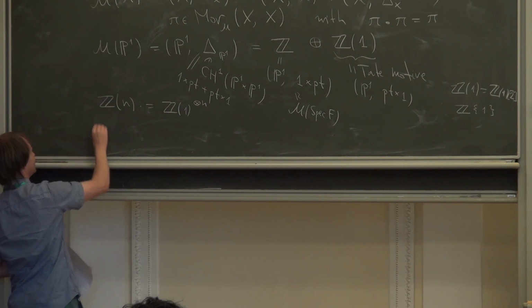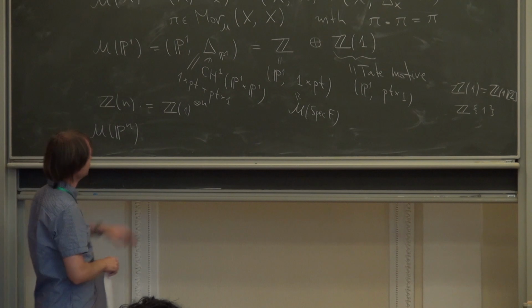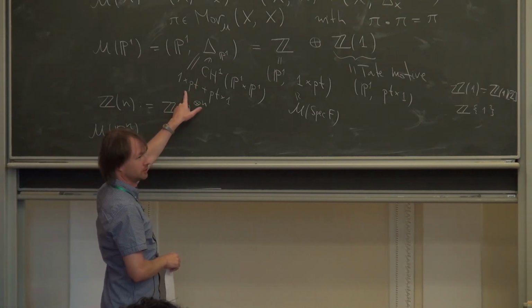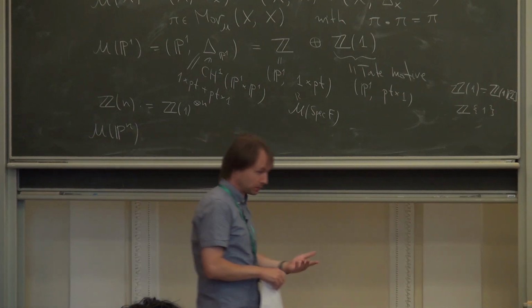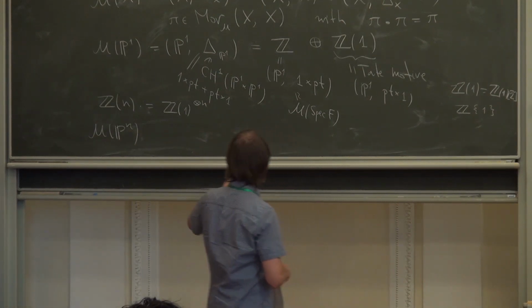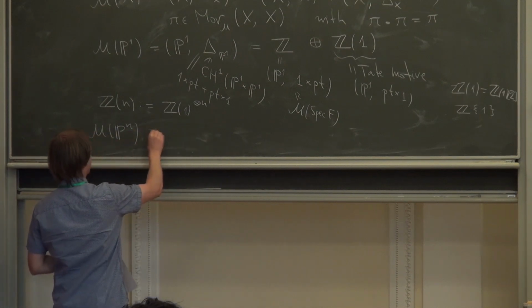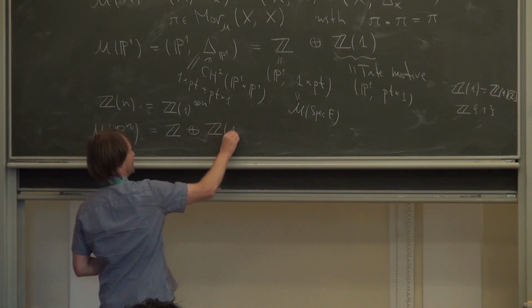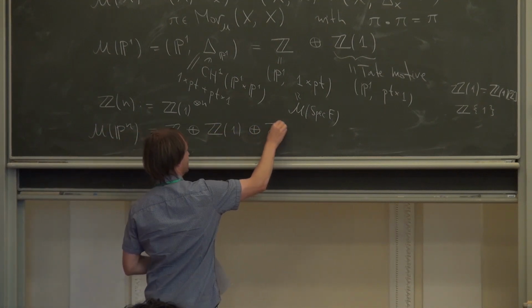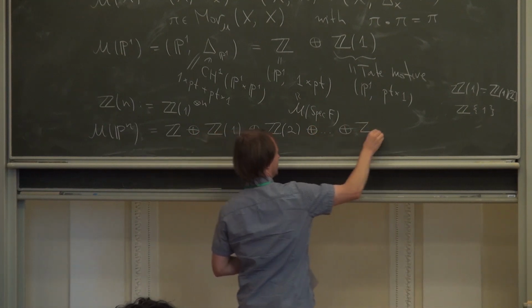Another way to define the Tate shifts is as follows. Instead of P1, we can take Pn, and then do the same. We take the diagonal, which looks a little bit longer, but it can be explicitly written down. It turns out that this is Z plus Z1 plus Z2, and so on up to Zn.